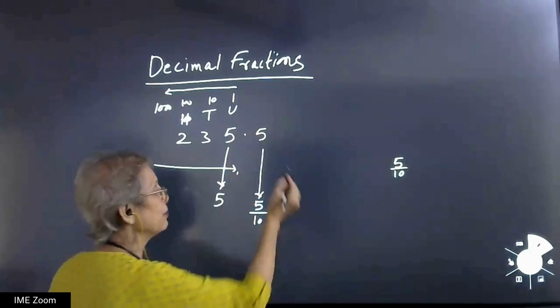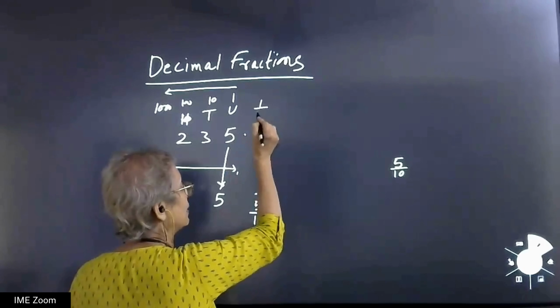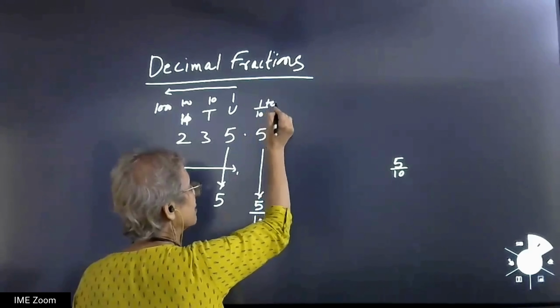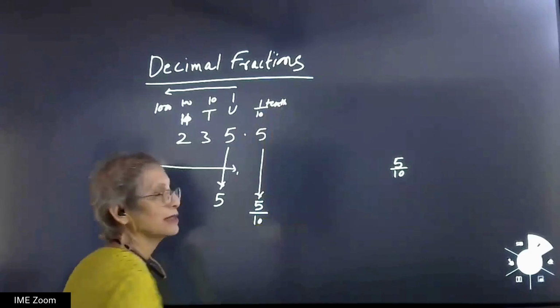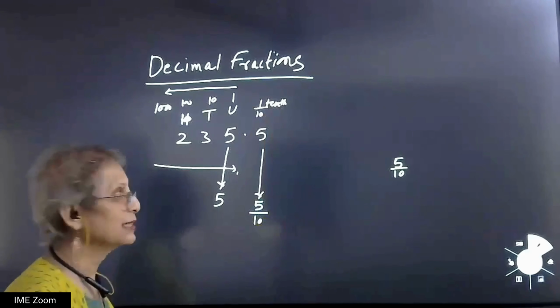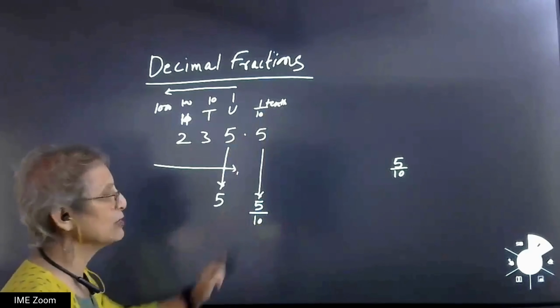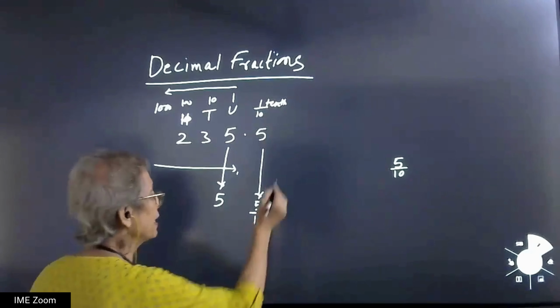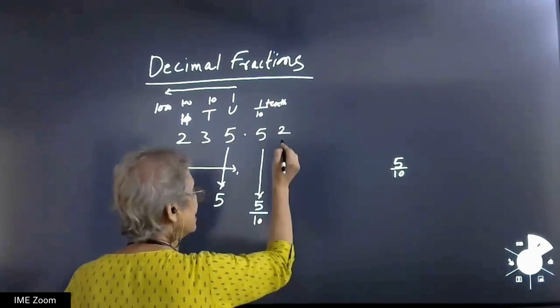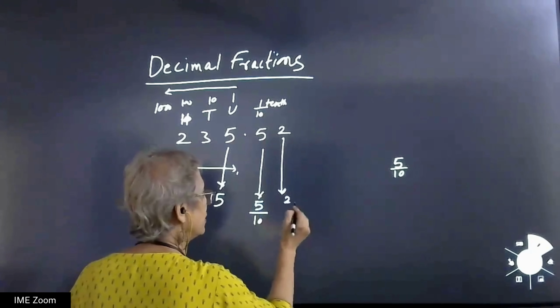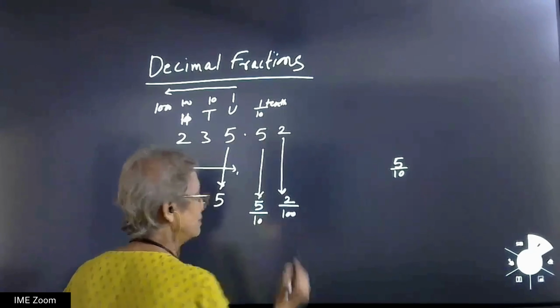This place is 1 upon 10, or a tenth. It is called the tenth place. So the place value is 5 upon 10. Suppose I write one more digit over here, then the value of this 2 will be 2 upon 100.